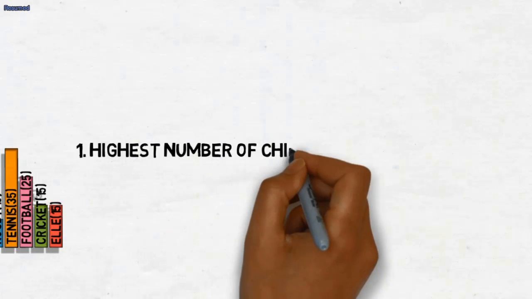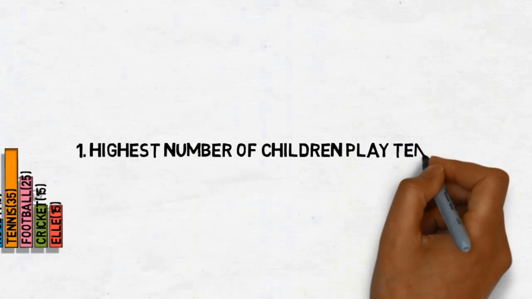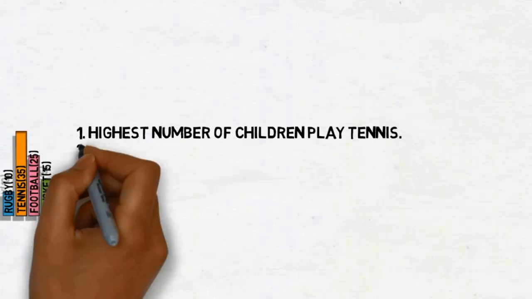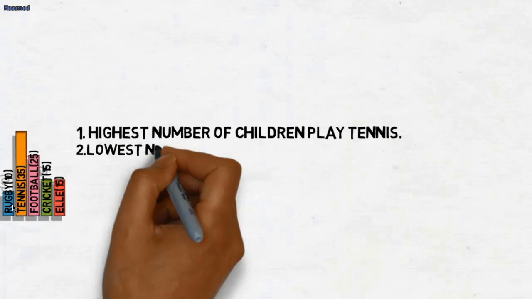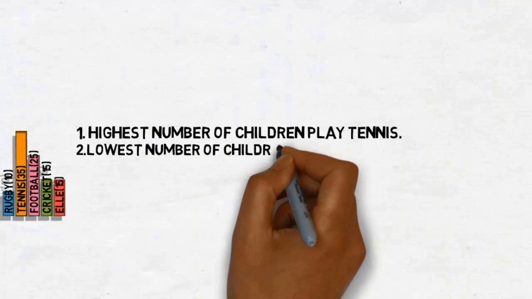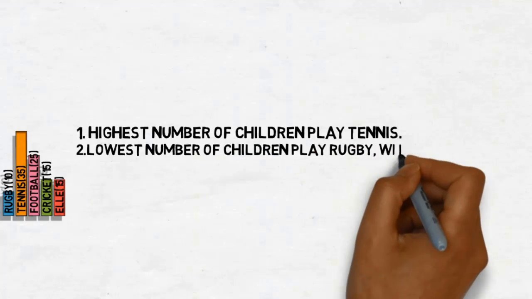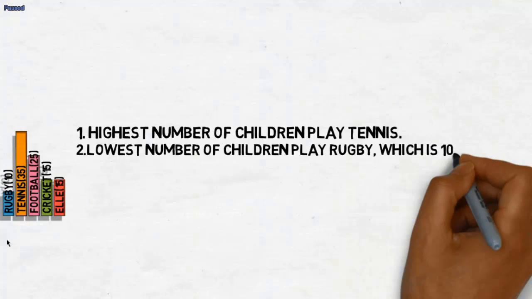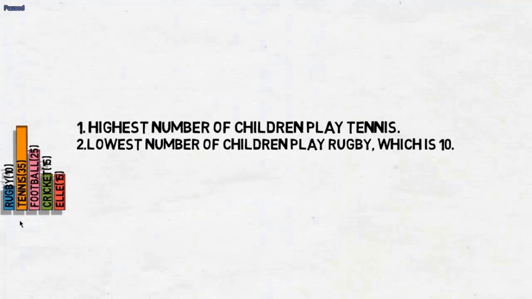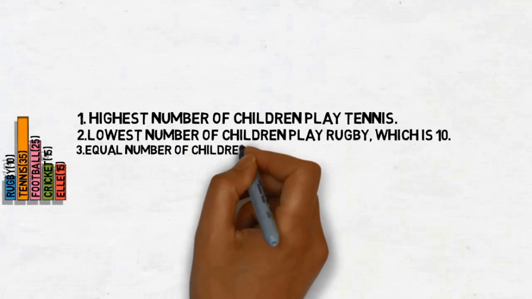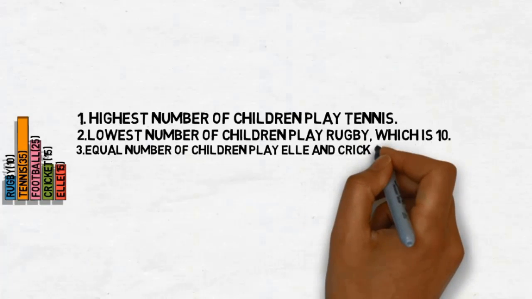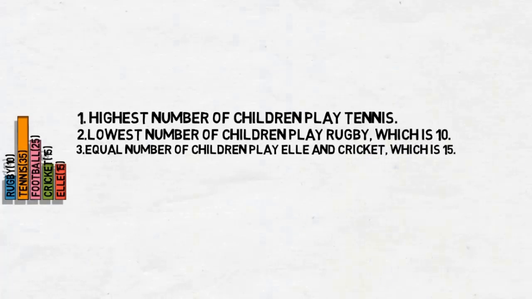I'm starting with the highest, so you can say the highest number of children play tennis. The lowest number of children play rugby. I have given the number also, which is 10. Then you can say equal number of children play cricket and relay, which is 15.